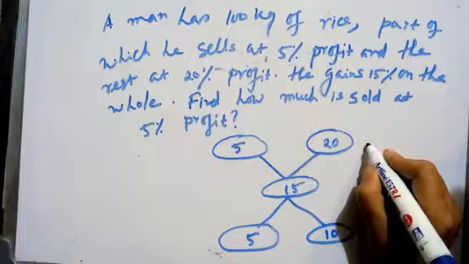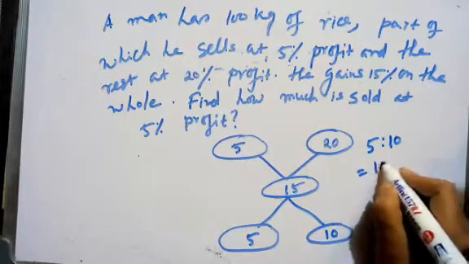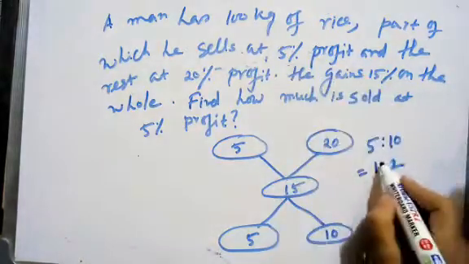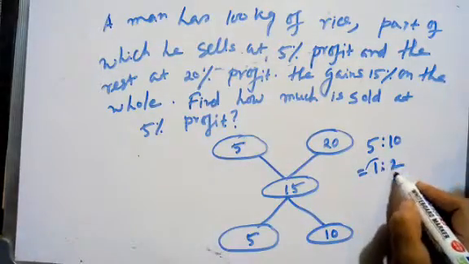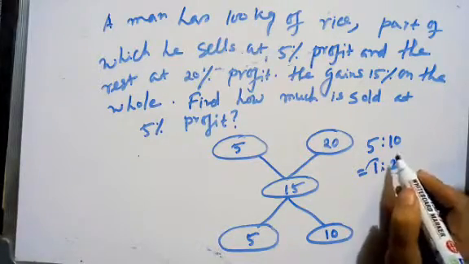So the ratio is 5:10, that means 1:2. Clear? So the 5% profit ratio is 1 and the 20% profit ratio is 2. Clear? 1 kg and 2 kg.